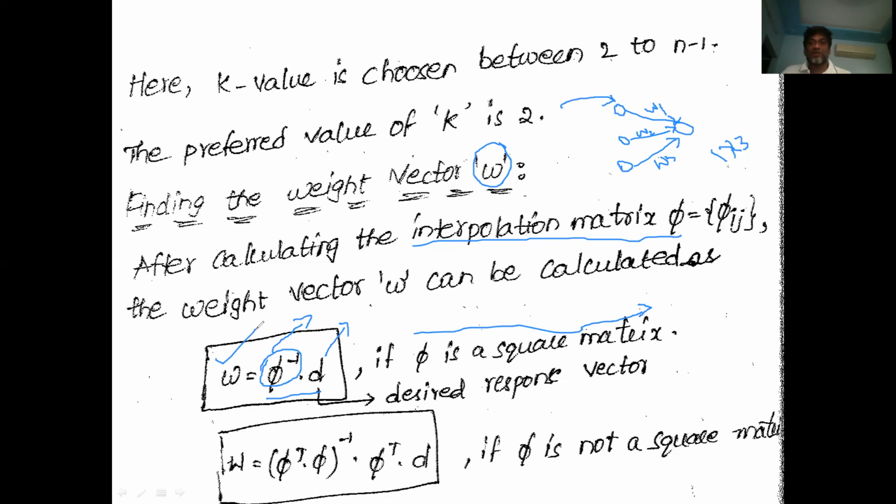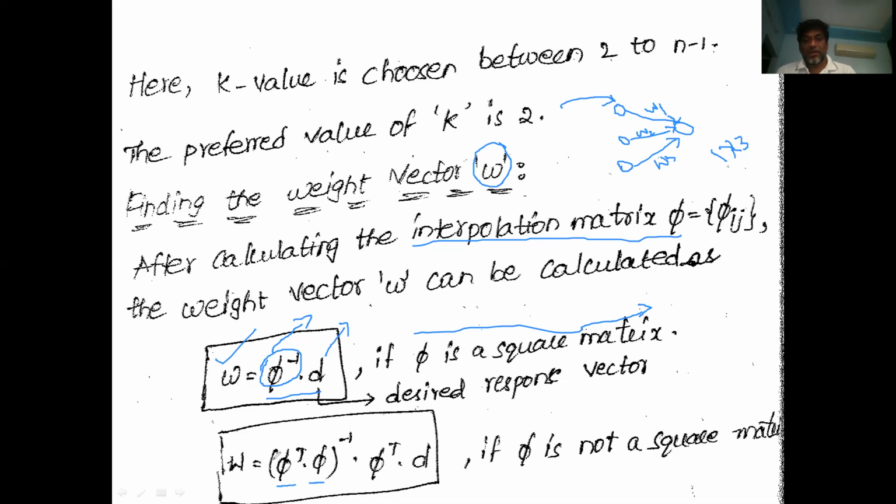This is not always possible in a real-time scenario because phi is generally not going to be a square matrix in every case. So if phi is not a square matrix, then we need to perform some inverse interpolation using this formula. In our previous XR example also, we performed this inverse interpolation to calculate the final weight vector. How is this inverse interpolation done? First, we calculate the transpose of the interpolation matrix and multiply it with the original interpolation matrix.